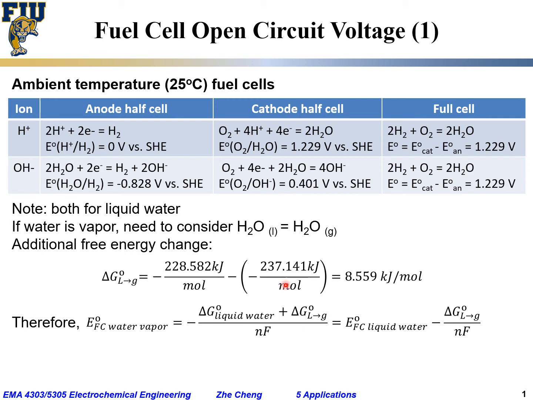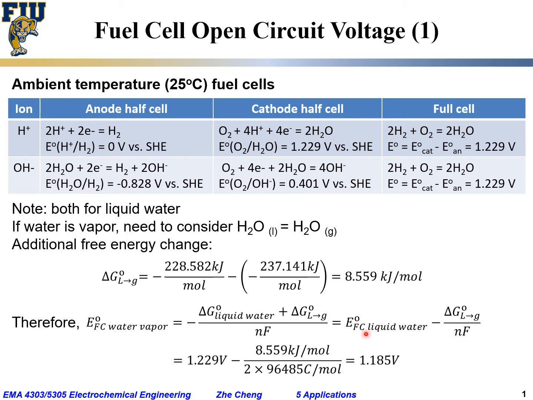Okay, and then the first term, the liquid water term over minus NF, will give us the standard cell potential for liquid water, and then this delta G, the free energy change from liquid to gas, gives us one additional correction term if we want to deal with water vapor as a product.